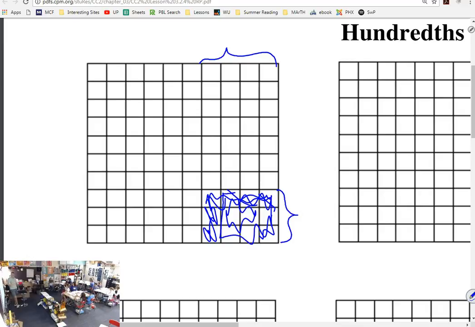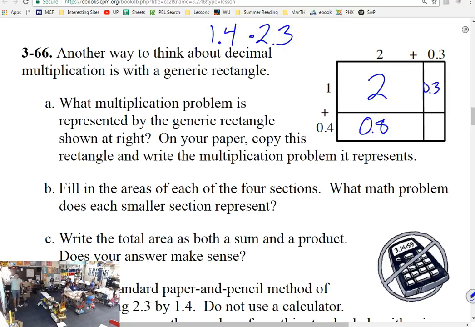Wouldn't 1.2 have to be... Oh, so it's 12 hundredths, which is 0.12.